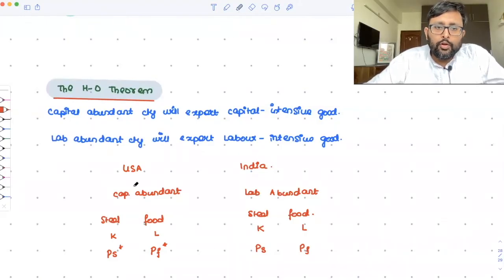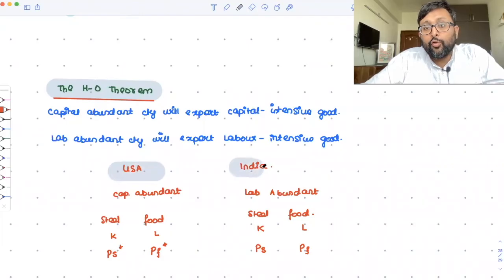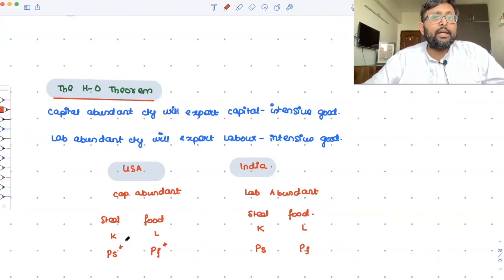So what do we say? Before trade, what is happening? US is a capital abundant nation. It has more capital. Steel is using more capital. So relatively, the factor which can produce the capital intensive good is more in the US. So because of the excess supply of capital, the price of the capital intensive good would be lower in the US before trade.